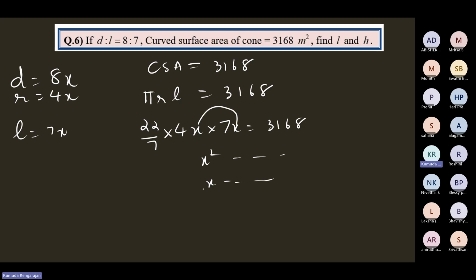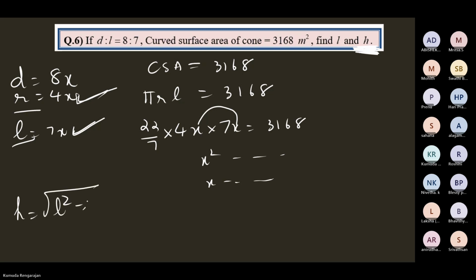Once you find x, you can find 4x and 7x, radius and slant height. Now using L and R, you should find the perpendicular height h. H is equal to root of L square minus R square.